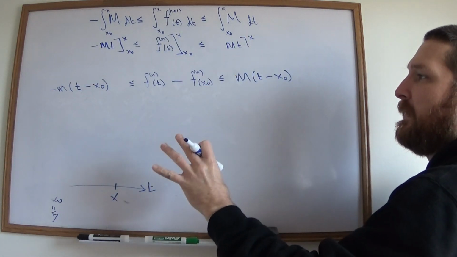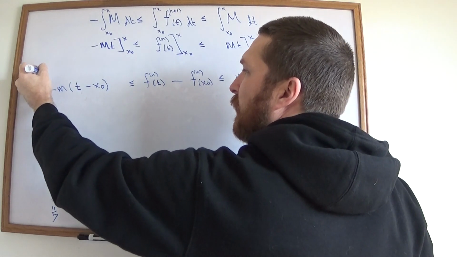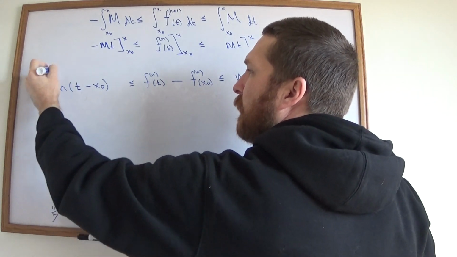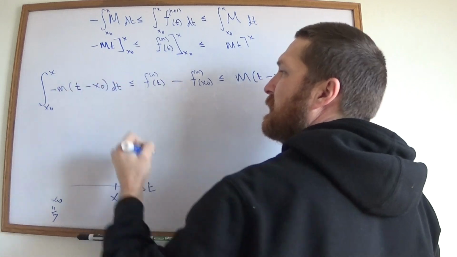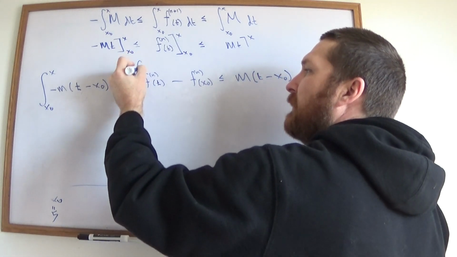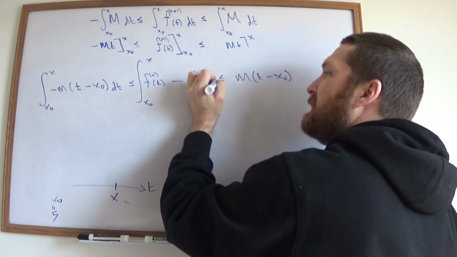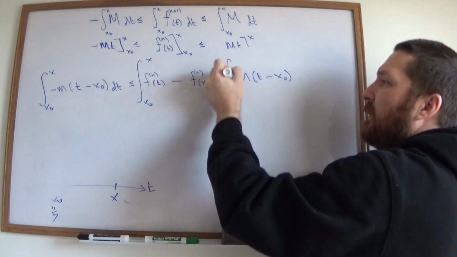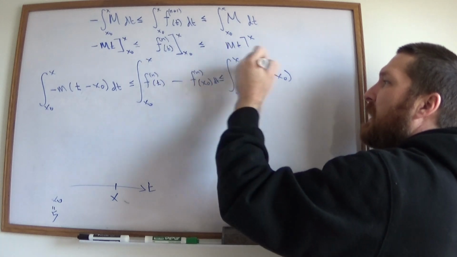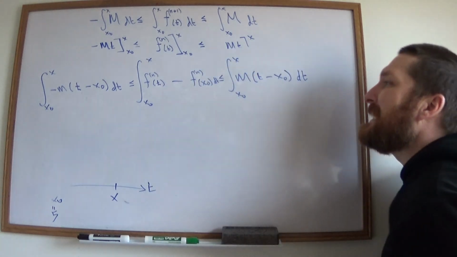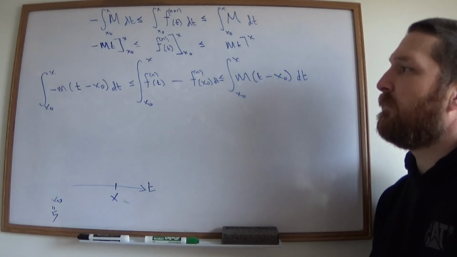I'm going to integrate here from x0 up to x dt. Integrate this guy from x0 up to x dt. And integrate this guy from x0 up to x dt. Okay? Everybody got that?